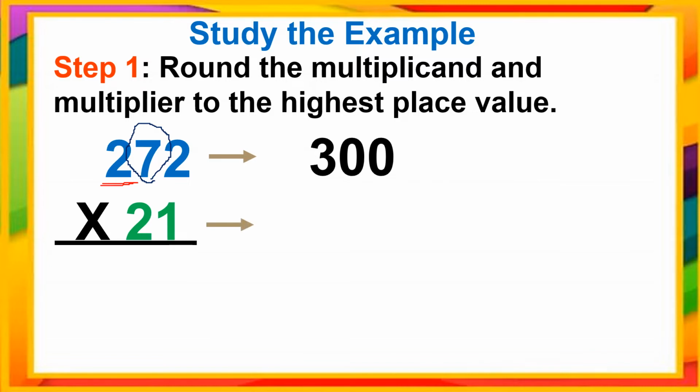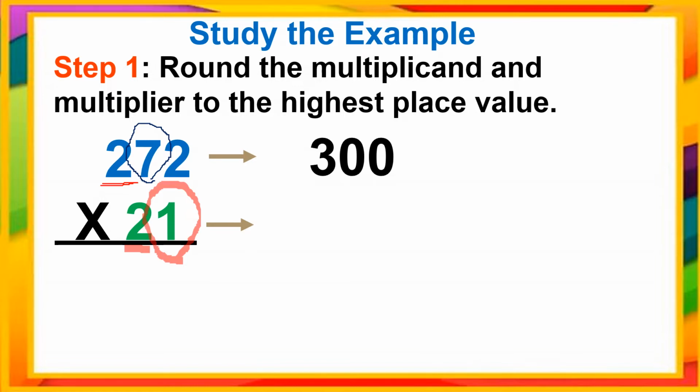Let's proceed to the multiplier. We have here a 2-digit number. So the number that has the highest place value here is 2 because it is in the tens place. Then we're going to look at the number at the right of 2. That is 1. This number will tell us if we're going to round up or round down.